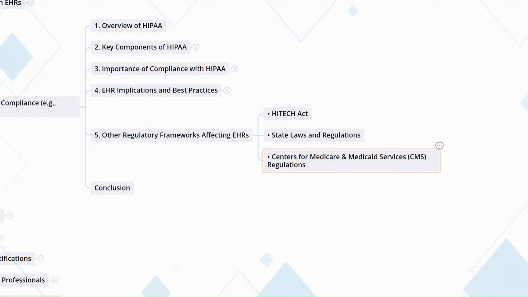Next, Centers for Medicare and Medicaid Services regulations. CMS established criteria for providers participating in programs that incentivize the meaningful use of EHRs, which involves demonstrating the efficient use of certified EHR technology while meeting specific quality measures.